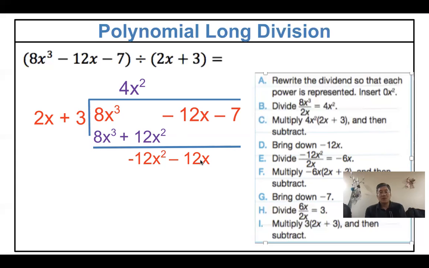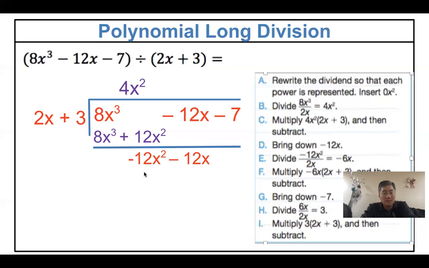Now we repeat the same steps again and again, right? Let's focus again on the first terms, 2x and negative 12x squared. So now what should we do? 2x times what is negative 12x squared?